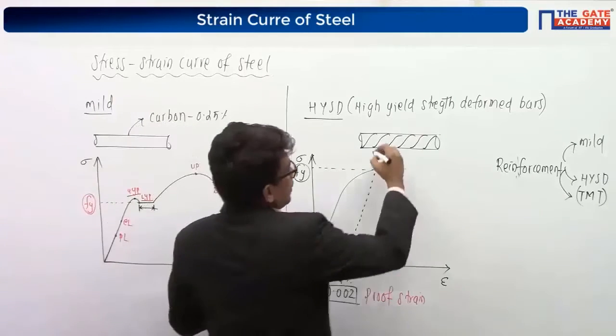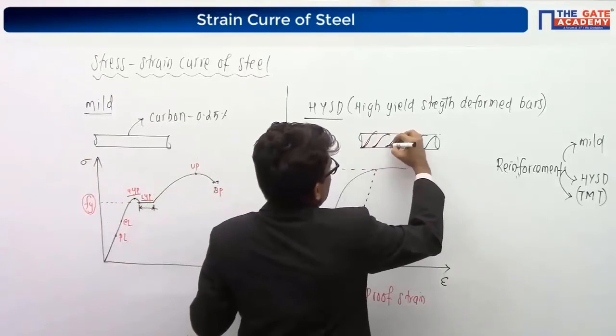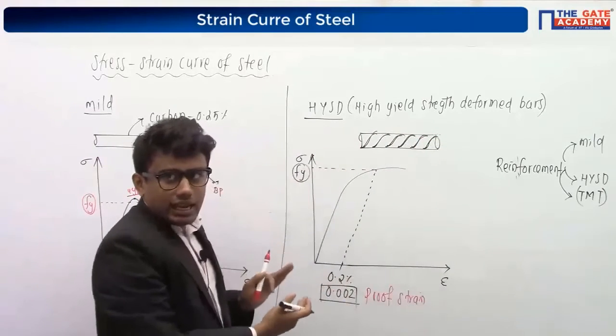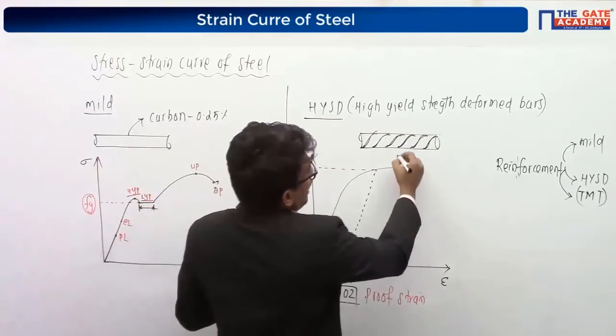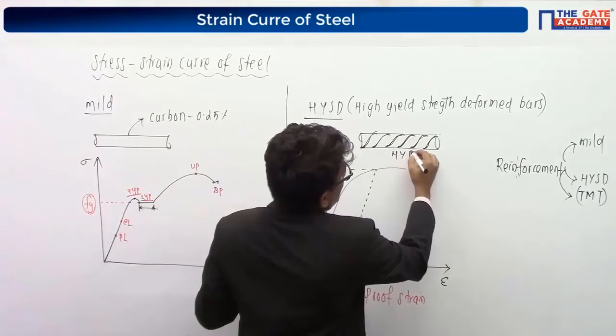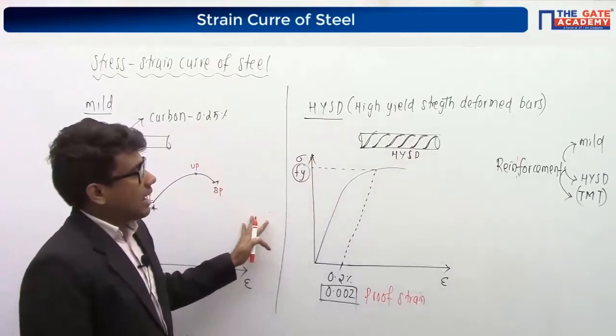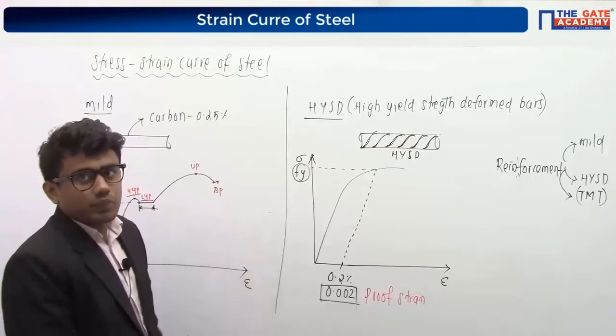We will be having our corrugations like this. You might have seen this in reality. So this is called our HYSD steel bars. Compared to mild steel bar, it is having high strength and less ductility.